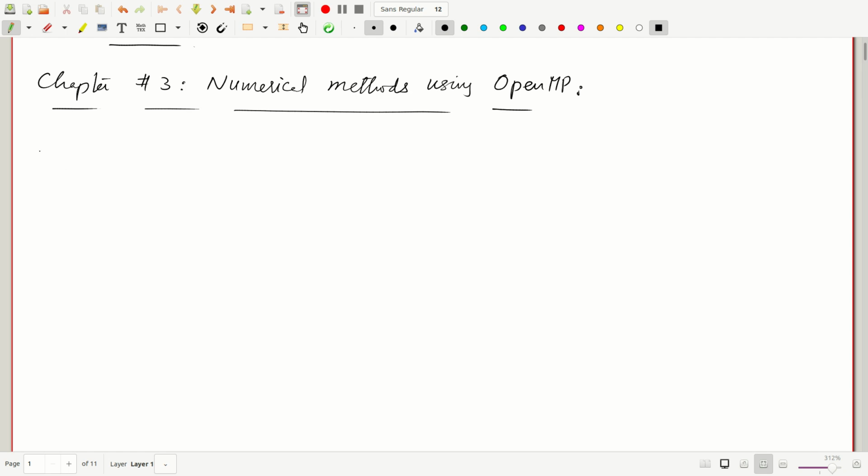I'm going to look at a few basic numerical methods today. The first couple are very simple. The first one is matrix addition, which is very straightforward.